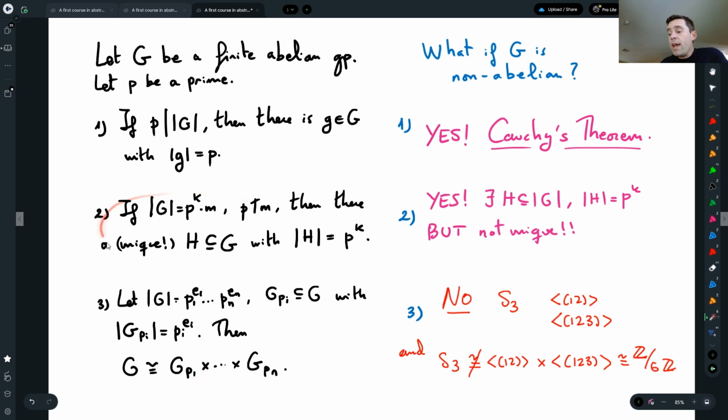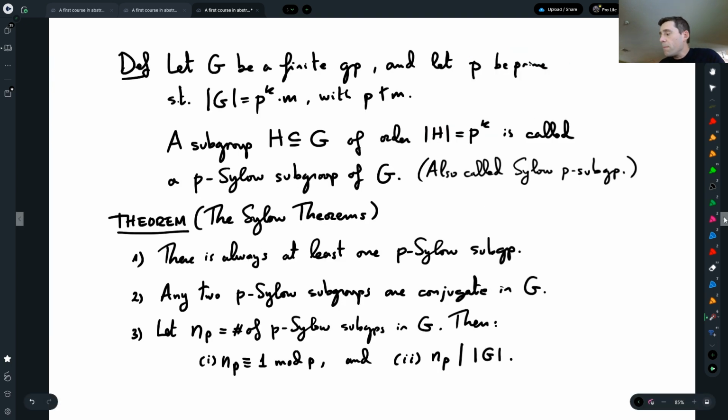And at any rate, knowing the existence of these very large groups of prime power order inside G gives us information that we can use in trying to classify certain types of groups. And we will see examples of that. So with that in mind, we define P-Sylow subgroups.